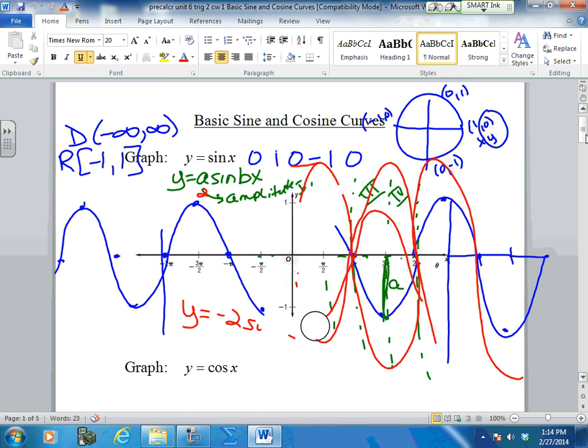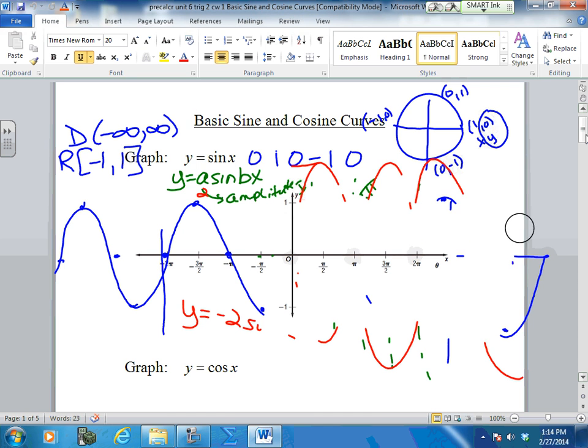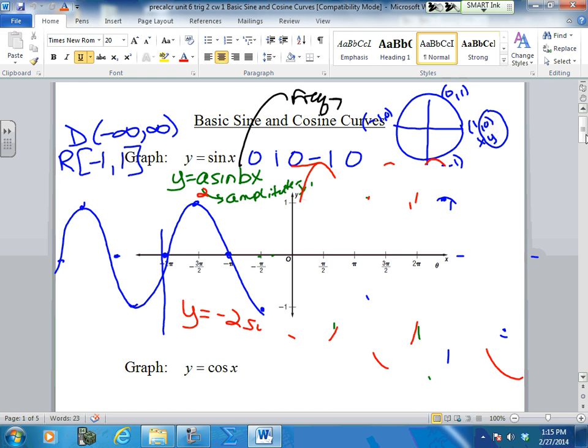So now, what else can I say? Your frequency is the B. Your frequency tells you this: how many complete cycles in 2 pi? And I want you to write that down. How many complete cycles?